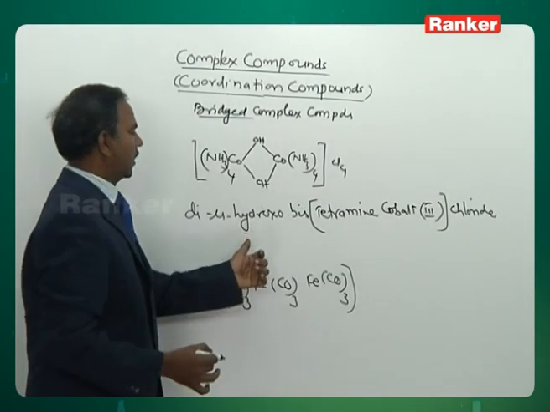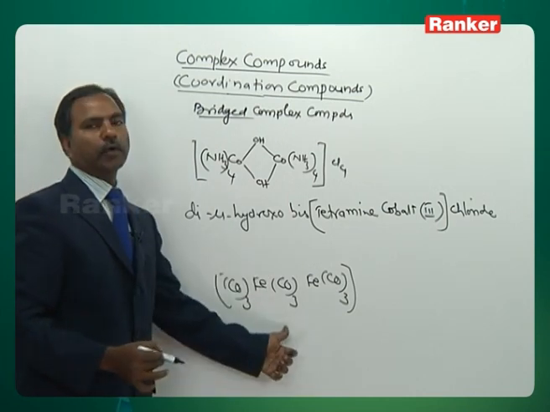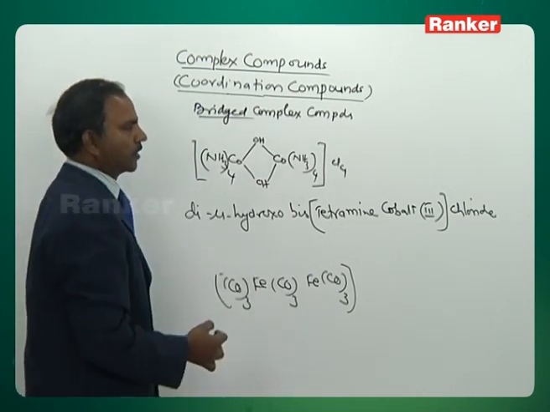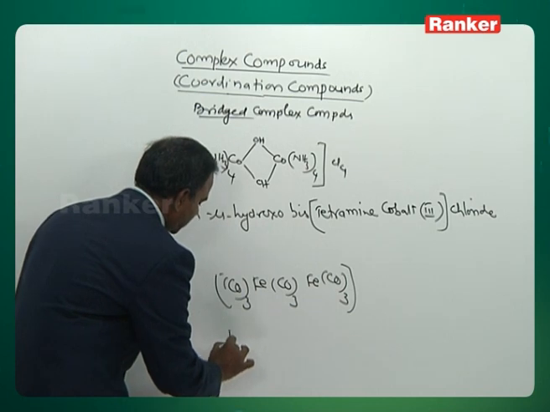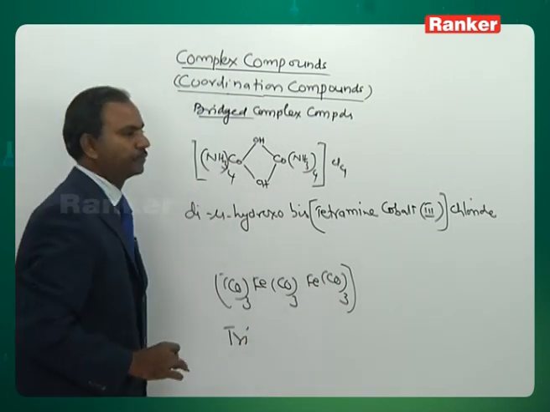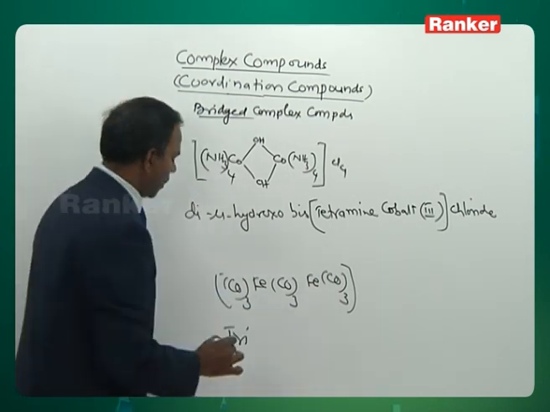So according to what I said here, first you have to show the number of bridges. How many bridges are there? 3. Let me write first tri, 3 bridges. Tri. What are bridging? Carbonyl.